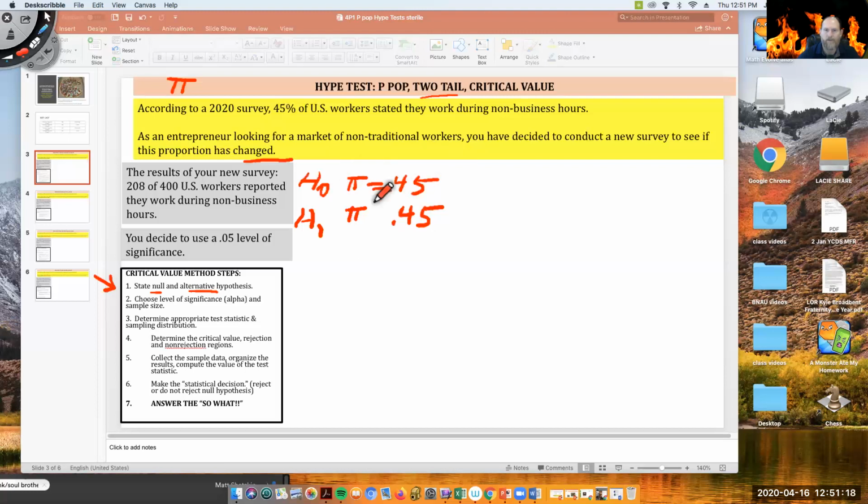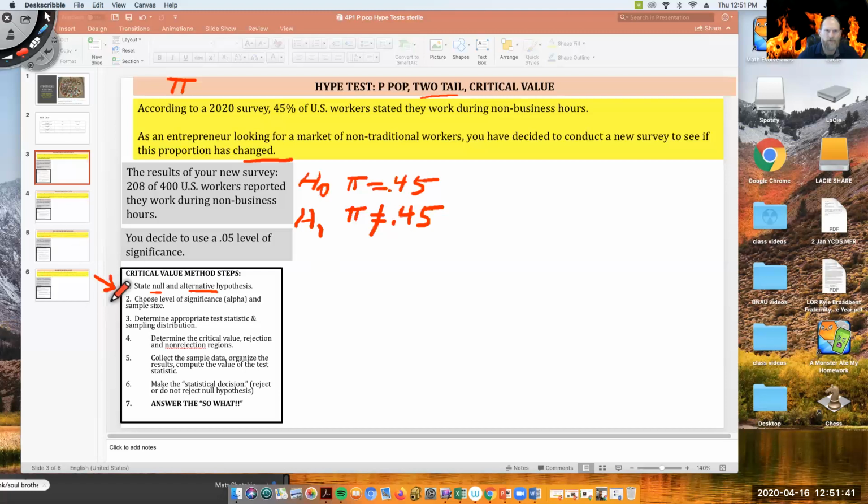The alternative is going to be the same. It's this that's going to be different. And we will never have an equal sign or any variation of an equal sign down here in the alternative hypothesis. Okay? So that is step one. We have accomplished step one.